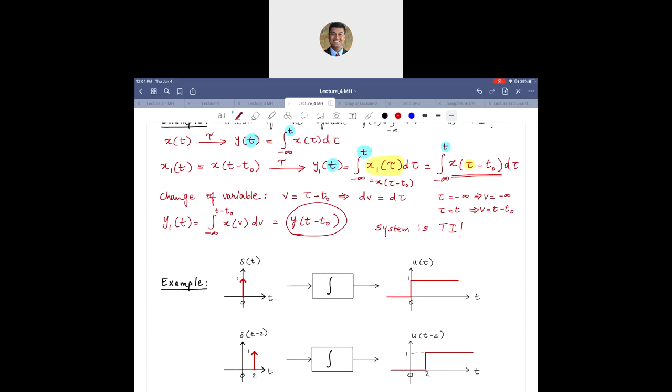A couple of things that are remaining. Example over here, we have an impulse function, delta of t. When you integrate that impulse function, what do you have? As you're moving from left to right, no area, no area, no area, no area. And then as soon as you go over that impulse, you get a unit step. So 0 here, and then after that, it is a constant 1 because the area is 1 after that.